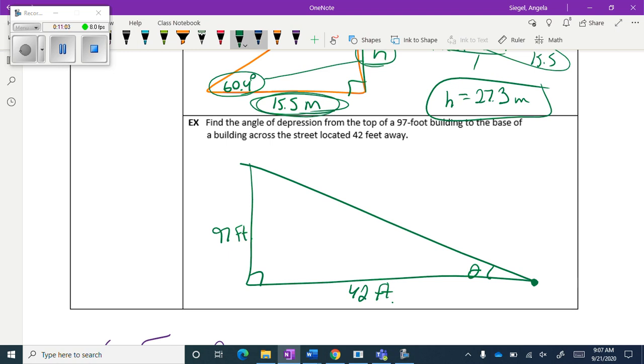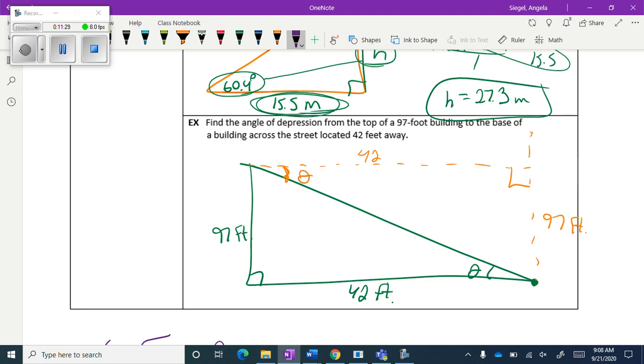If you are like, that's confusing, the angle of depression would look like this. The values would be the same, so this would be 97. And then your angle is going to be right there. So be super, super careful. Oh, this is 42. Again, I don't like to do it like that, but you're more than welcome to. So either way, just grab what you need.